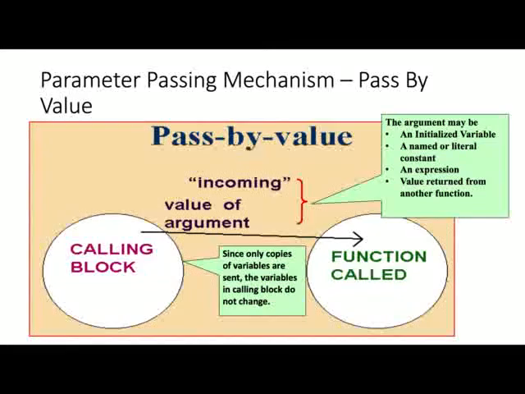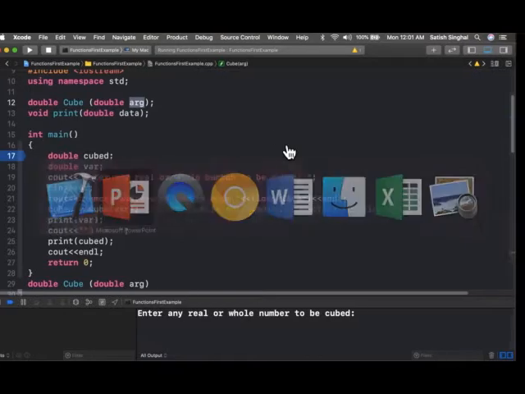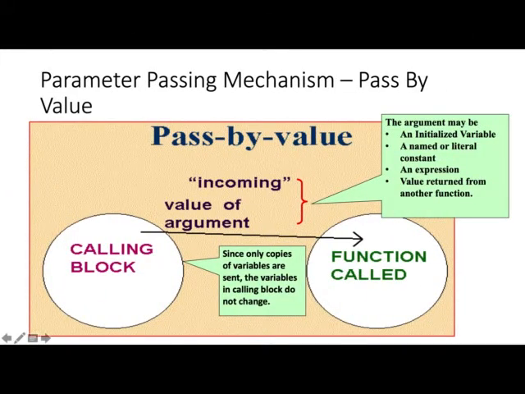Okay, so I already showed you that when we passed var to cube function, where it was called arg, a copy was made. One more time. When I made this call, a copy was made of var into arg. This is a parameter passing mechanism that's called pass by value.